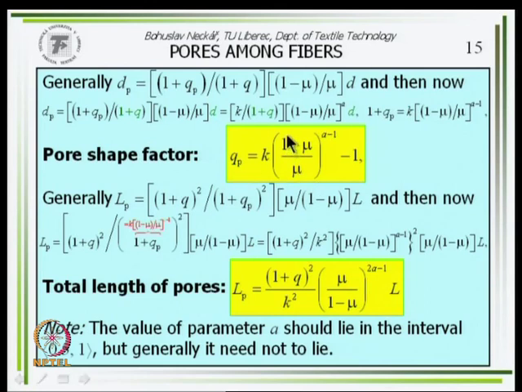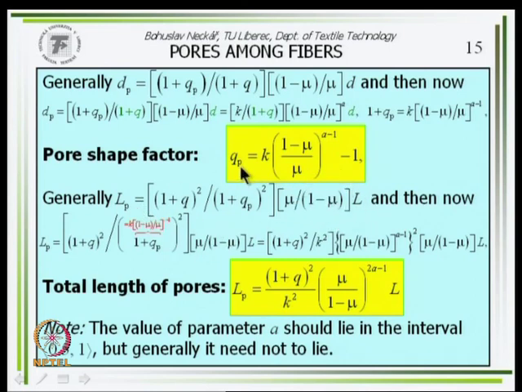We can derive other quantities. The general dP is this here, and now we use this expression for dP. We must write that this is equal to this. This is a general equation, and this is now our postulated equation. From this equivalency, we obtain 1 plus QP is this here, so the pore shape factor is this here. The general formula for the total length of pores was this.